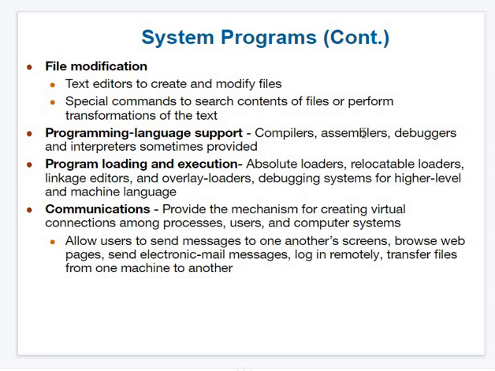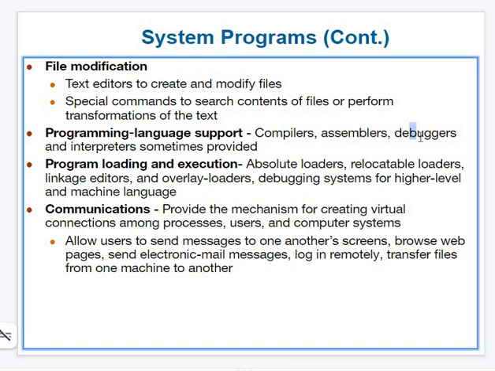Like that, I have to use a perfect assembler and a perfect debugger for identifying errors and converting high level language to low level language. All these activities we can do only with the help of multiple system calls. Multiple system calls make one system program. That is why we have the same headings. The system call is the smallest entity, and a group of system calls gives us a system program.